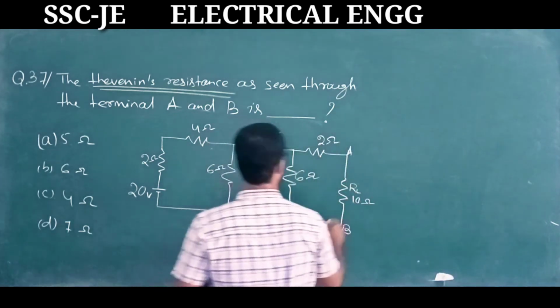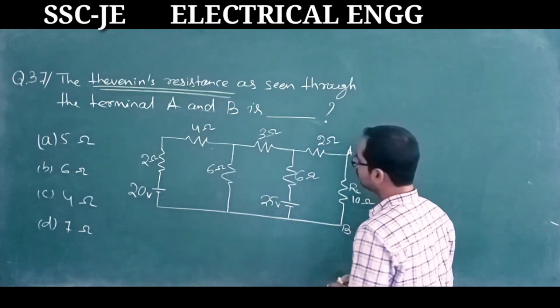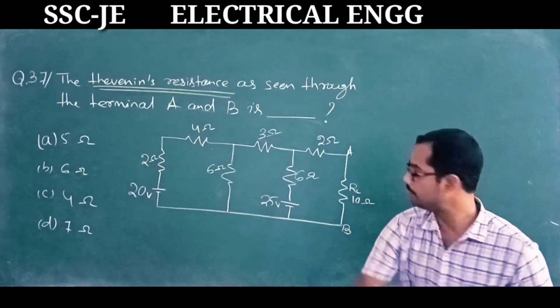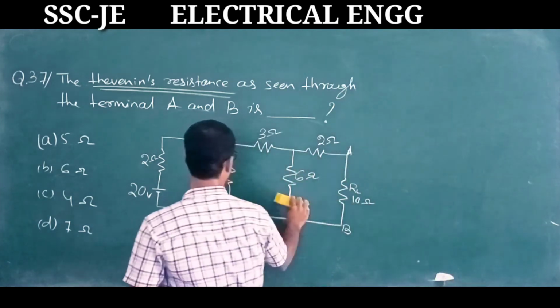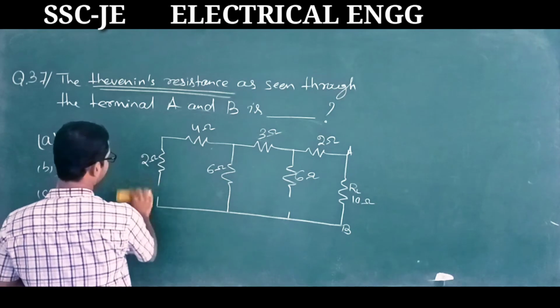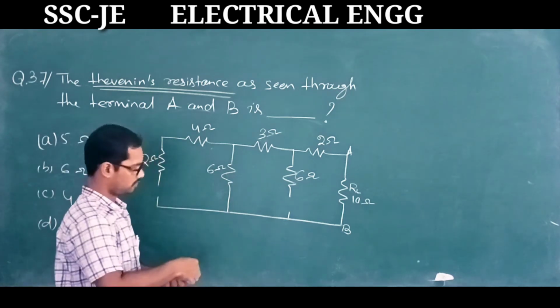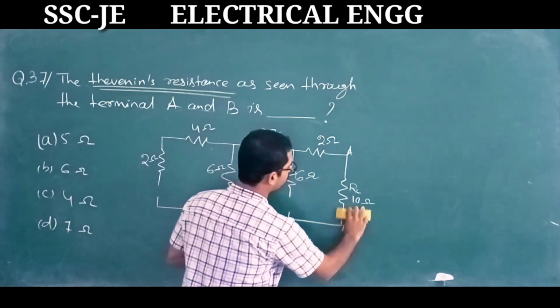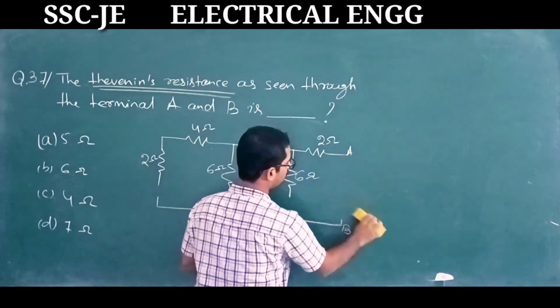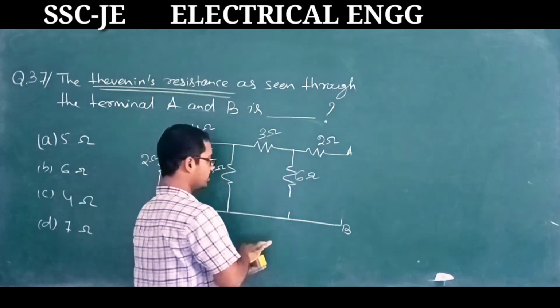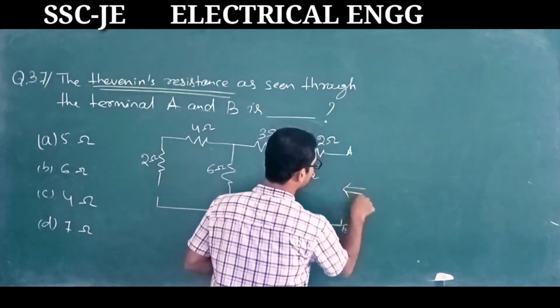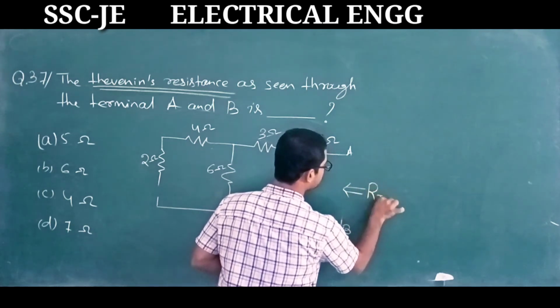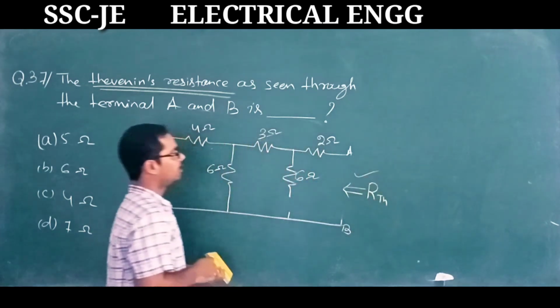So if we solve this one, first we have to eliminate the voltage source, and first we have to eliminate your load resistance, because we have to find the equivalent resistance through this. So this is your RTH, we have to find out this one.